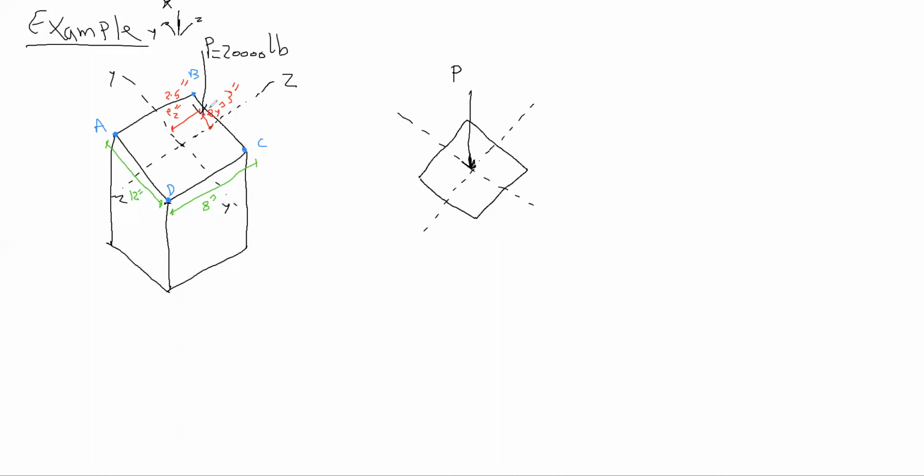EY times P is the moment. Moment in which direction? Direction of y, z, or x? Z, exactly. If we have z here, and this is y, P times EY gives a moment in the direction of z.